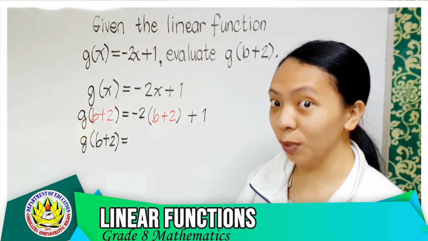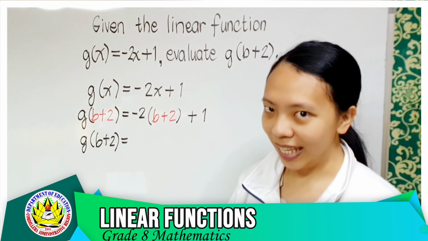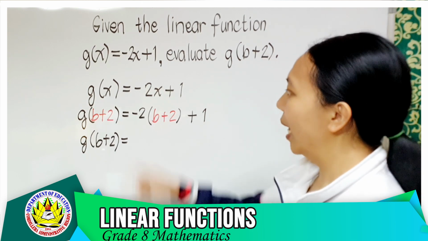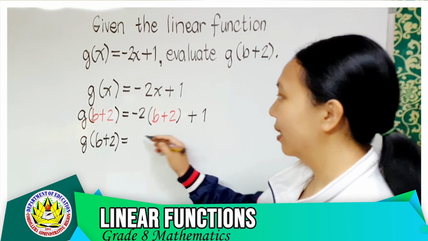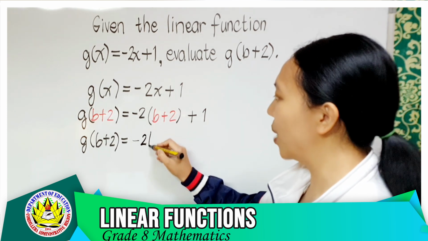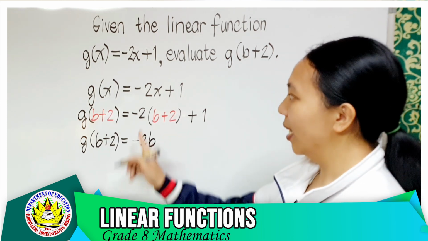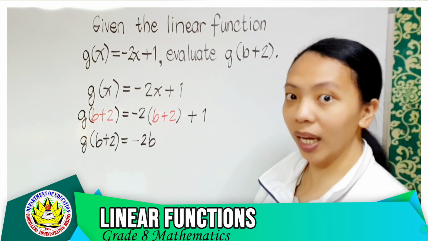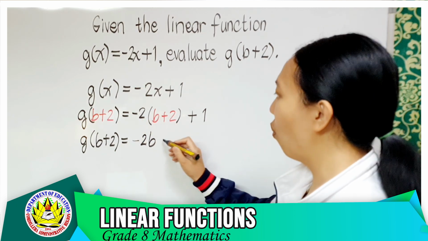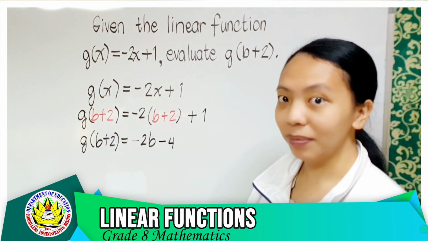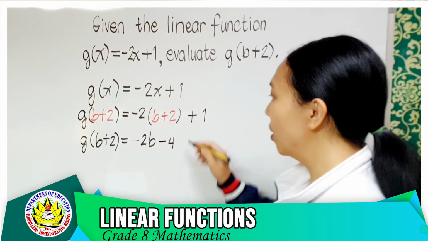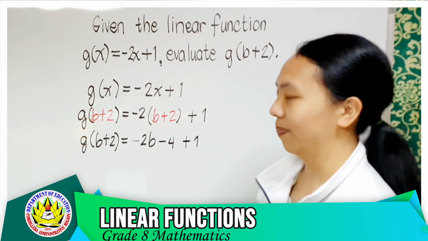Are we going to multiply them? Yes, so let's do that. Negative 2 times b is negative 2b. Next, negative 2 times 2 is negative 4. Do we multiply negative 2 and 1? No, you're just going to copy plus 1.